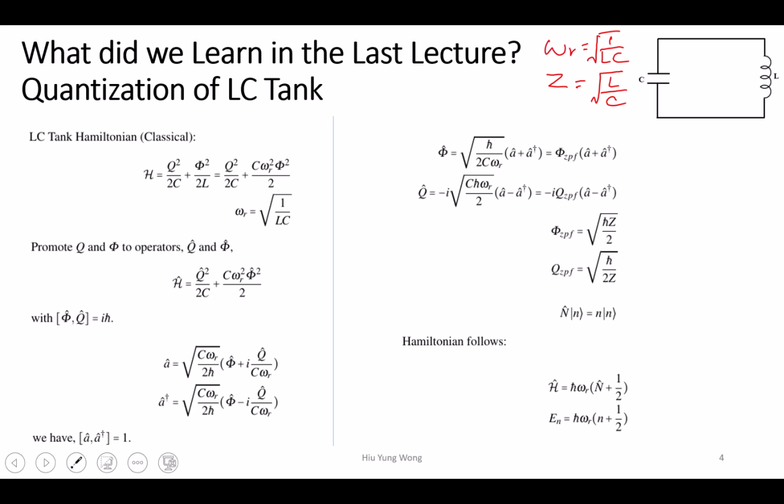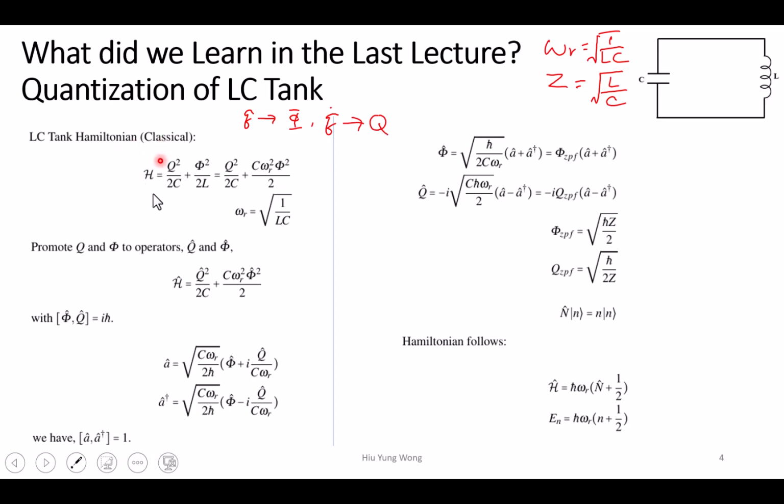This is a very instructive and useful example, because we quantized the simple harmonic oscillator, and we find that we can use a similar strategy for the LC tank. If we recognize that its generalized coordinate, which I call q, is just the flux through the inductor, and its generalized velocity, q dot, is the charge of this circuit.